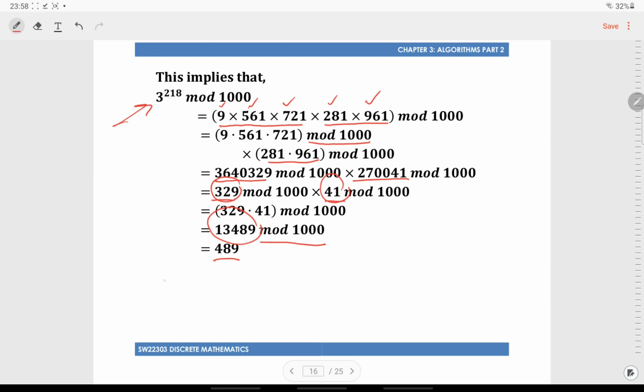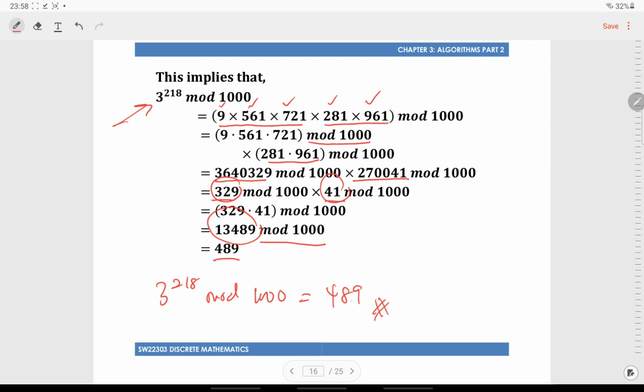So originally, 3 to the power of 218 mod 1000 is impossible to compute using your calculator, but by using the fast powering algorithm, now it becomes possible. So the answer is equal to 489.